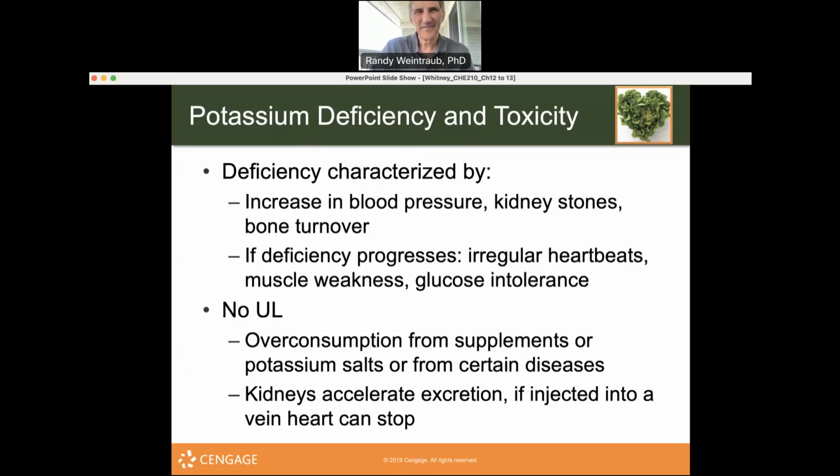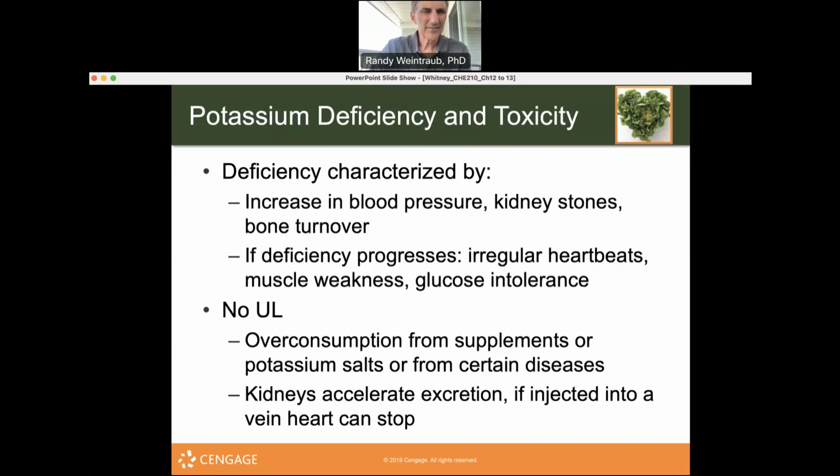Deficiency of potassium, we said, could lead to higher blood pressure, kidney stones because of imbalance and bone turnover, loss of calcium. It could also lead to irregular heartbeats, muscle fatigue, and glucose intolerance.